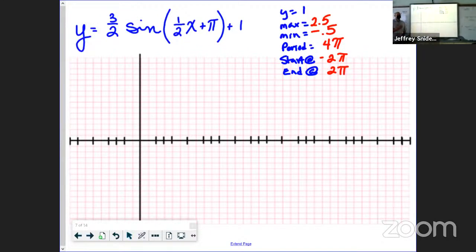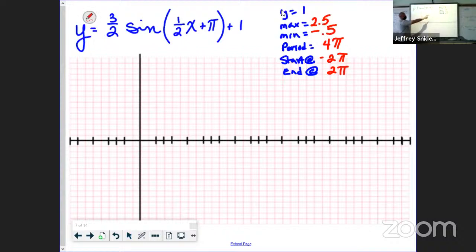So, I'm in a little bit of a bind here. Why is that? I don't have enough spaces to the left to do that, so I can only do what I can do. When I look at this, do I even have 4 pi on this?